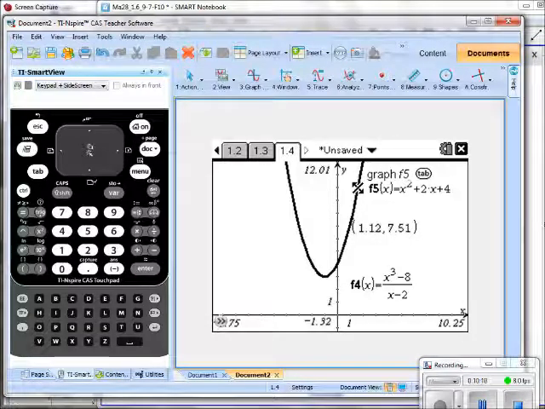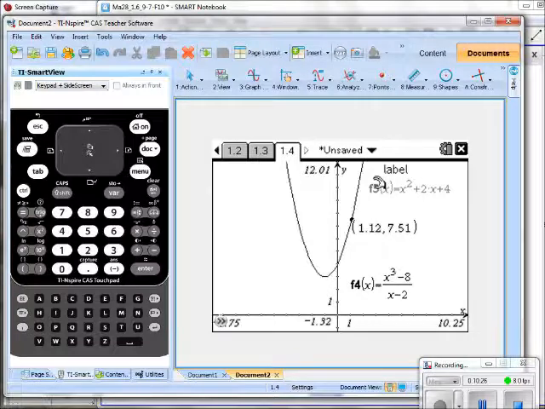If I move to that function, it says graph of f5, which is where I put my parabola. But remember, if you press tab, does it switch to graph of f4? I'm trying to get mine to stay there. So if I tab, it says graph of f4. Those are one and the same.